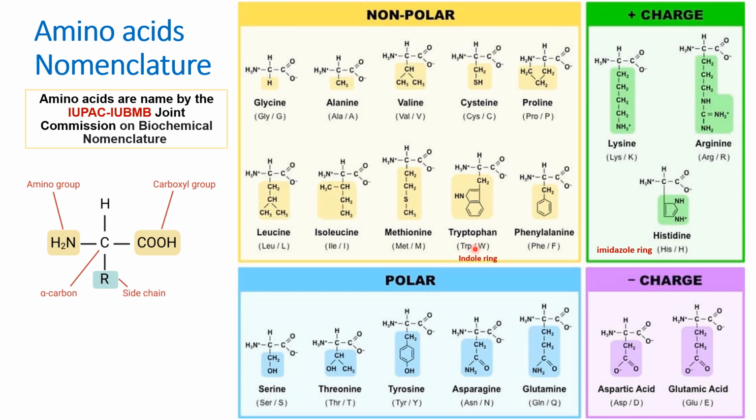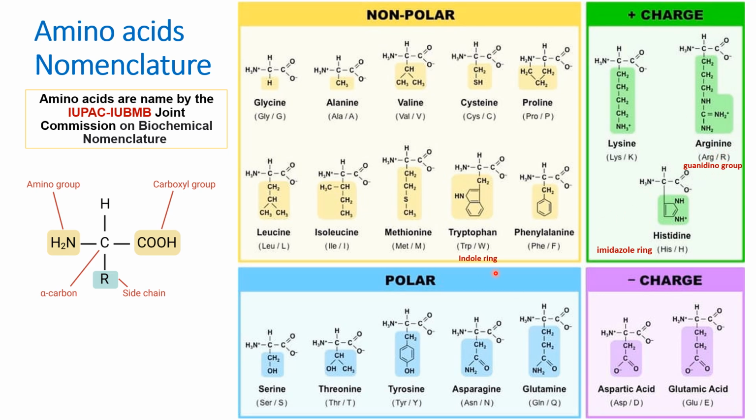So these are the ways in which questions could be asked. They can ask questions on classification of amino acids, which among them are acidic, basic, or neutral. They can ask which among these has a thiol group, which amino acid has an indole ring, which amino acid has an imidazole ring, which amino acid has a guanido ring. So arginine is very unique because it has a guanido ring.